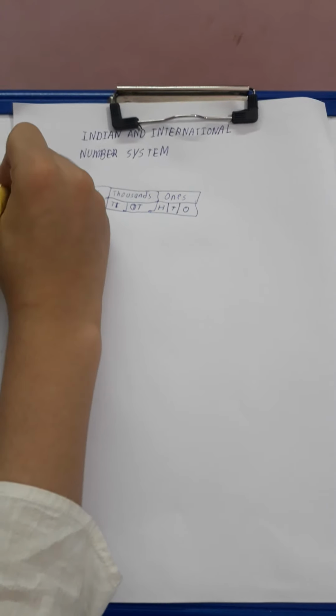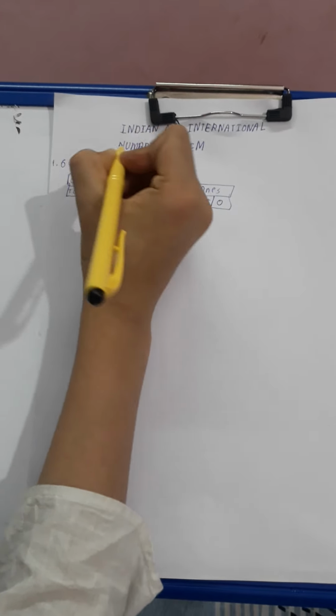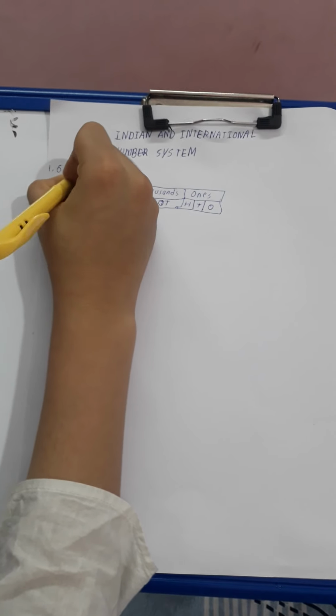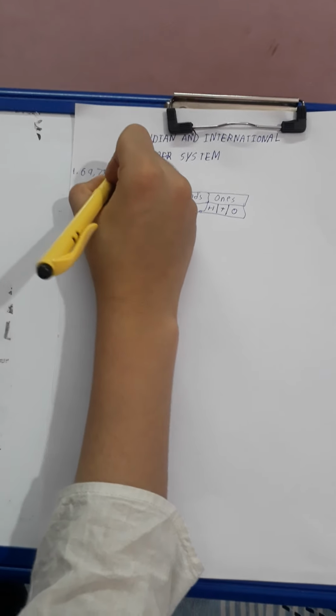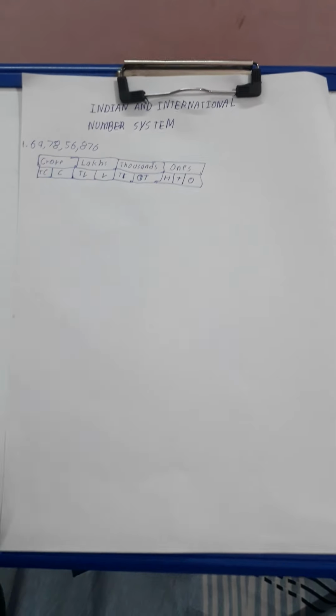So let's begin. Suppose the number is 69 crores 78 lakhs 56,876. We have to write it in the place value chart.